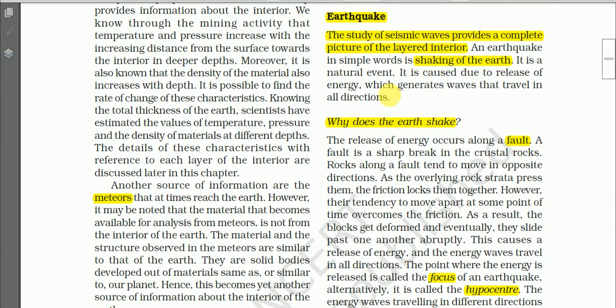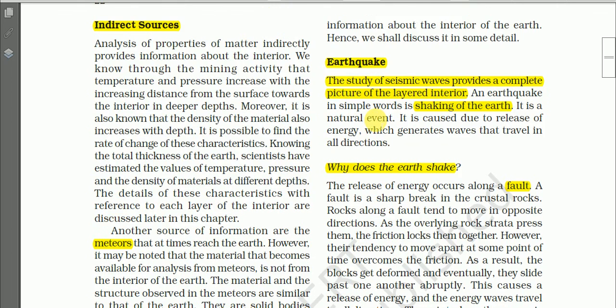So before we discuss earthquakes as a major source of information about the earth's interior, we have to learn what an earthquake is and how it occurs. Earthquake means shaking of the earth.